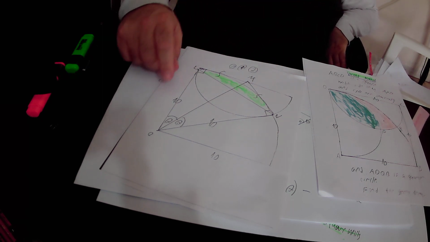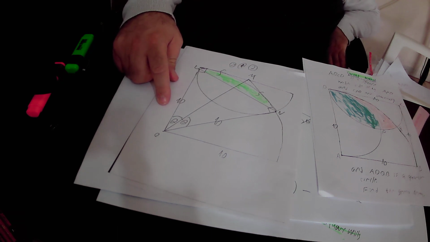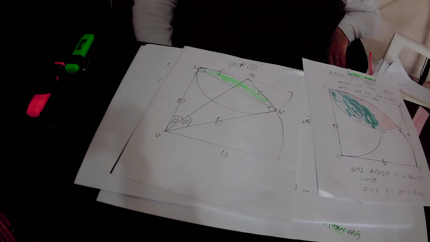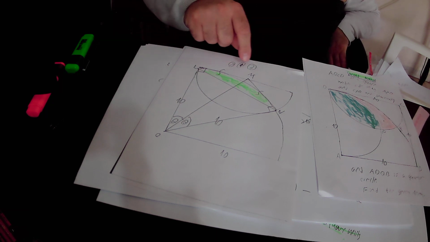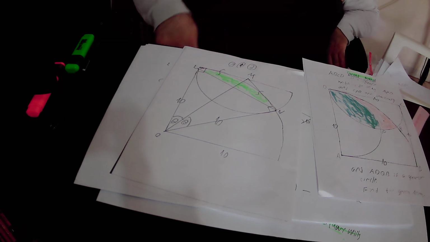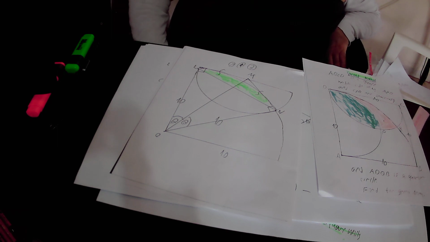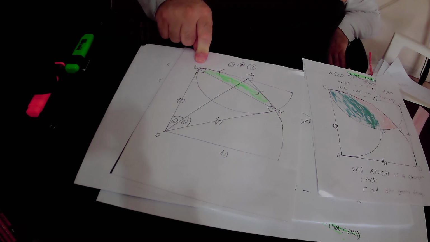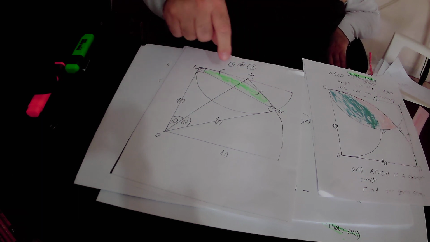We know that the radius of the quarter circle equals 10 units. So this is 10, this is 10. While the radius of the semicircle is 5, so this is 5, this is 5. And here the radius OL of the quarter circle is drawn to the point of tangency, that is to say it is drawn to point L, the point of tangency of tangent ML with this quarter circle.